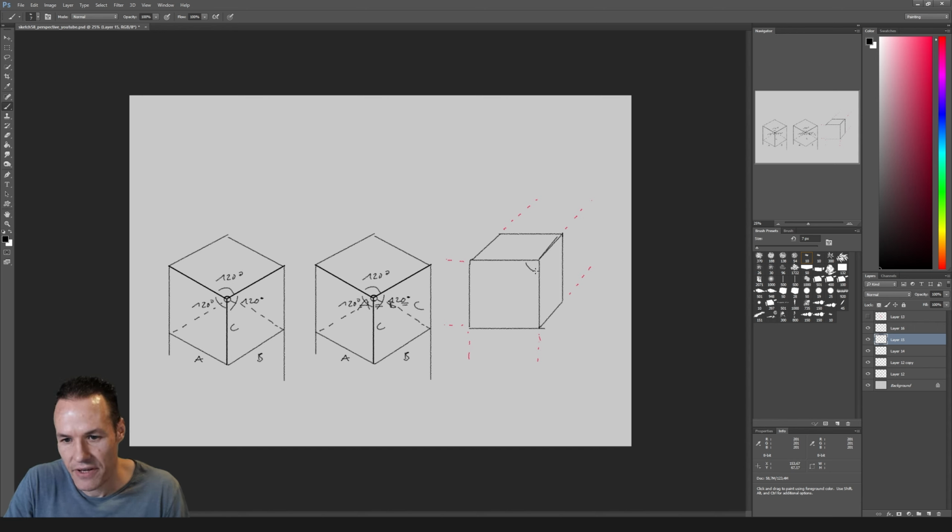So what we have here is we have one kind of an angle and then a second kind of an angle that applies to the other 2 dimensions. We have one side and the second side that is the same and a third side that is not the same. So essentially we have 2 angles and 2 sides are the same, but one angle and one side is not the same. Therefore, it is not isometric, it is dimetric.